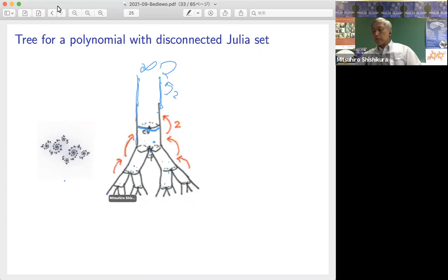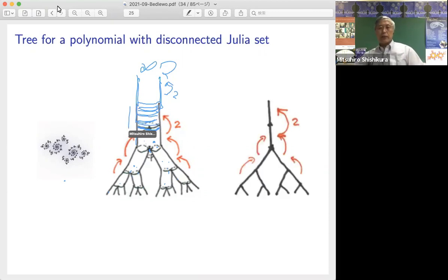So you get the infinite branching figures. And well, it is obvious by definition that here, in the case of a basin of infinity or a super attracting fixed point, you foliate this basin by these level curves of the Böttcher coordinate that gives you a segment. So altogether, what you get is something like a tree.